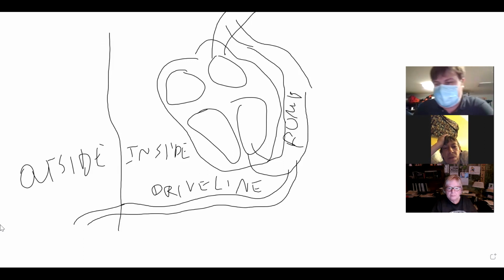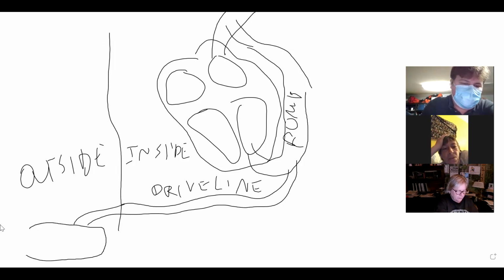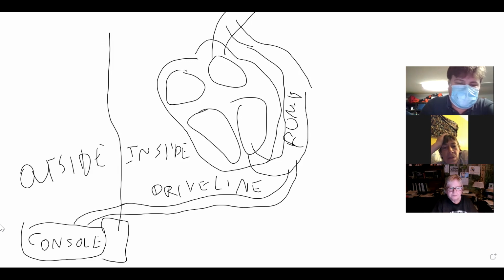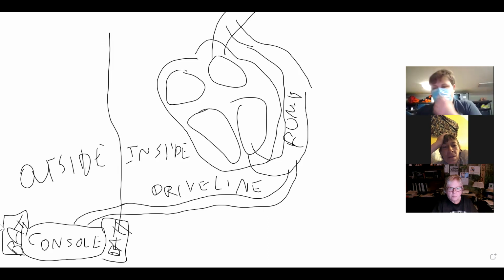And on the outside, usually strapped to the person's waist, you will have a console. And on either side of the console, you should have a battery connection. So someone with a ventricular assist device will have a console that's usually visible and a couple of batteries.